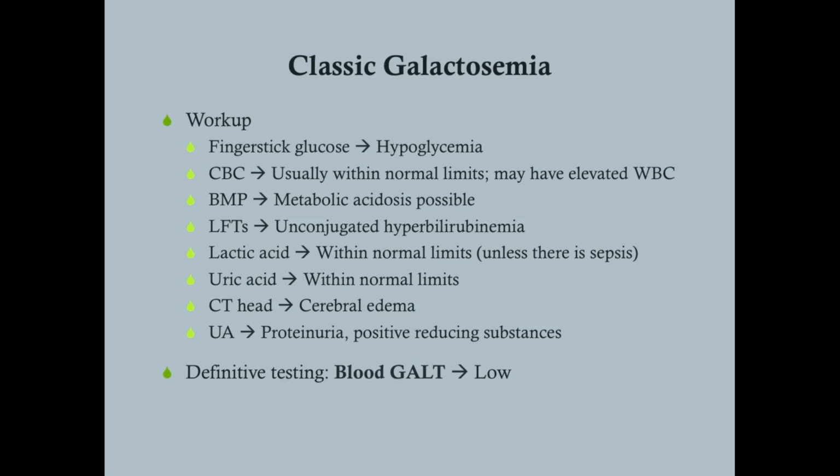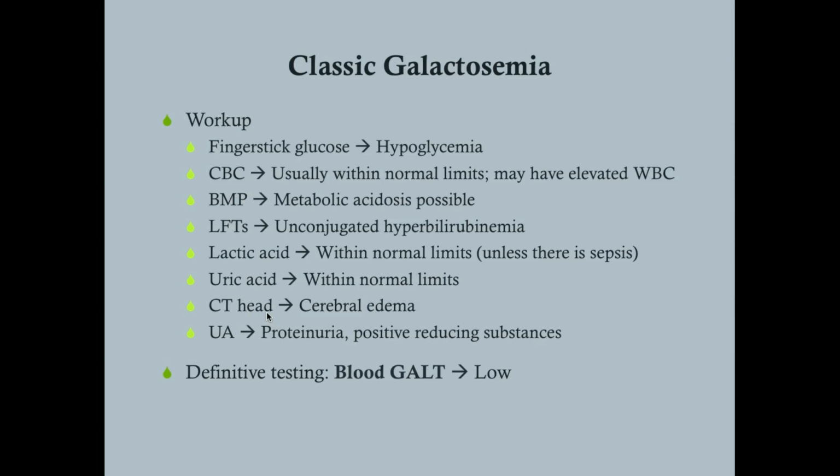So the liver has no problem detoxifying that lactate, turning it back into glucose, and clearing out lactate from the blood. So the lactic acid will be within normal limits. The uric acid will have no problem getting out of the kidneys. That will be within normal limits. The only exception to this, of course, is if you have sepsis, then yes, you can get a lactic acidosis from that. But from the disease itself, you're not going to get a lactic acidosis.